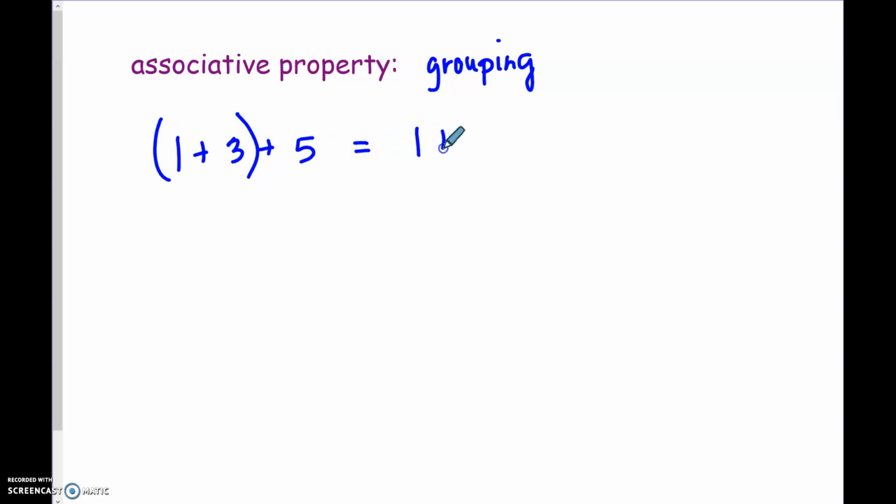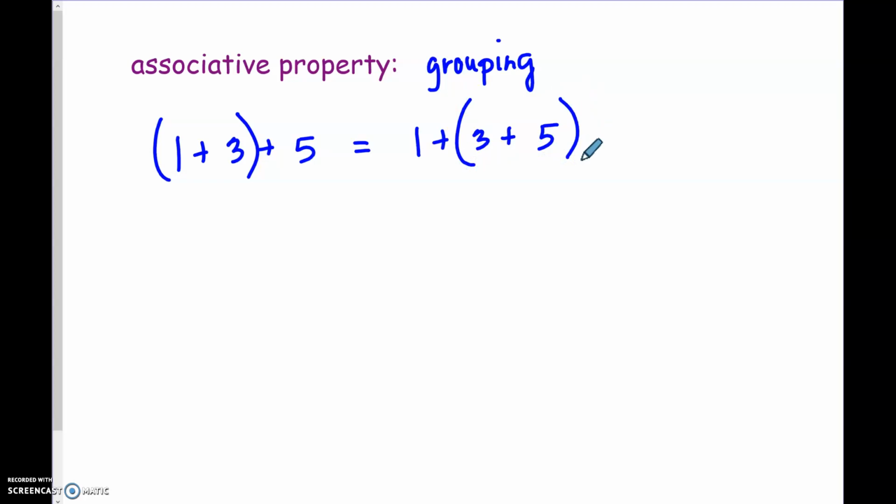All right, our second property that we're going to look at is the associative property. We talk about groupings or parentheses when we're talking about the associative property. If I take 1 plus 3 plus 5, I can add 1 plus 3 together, or I can group 3 and 5 together.